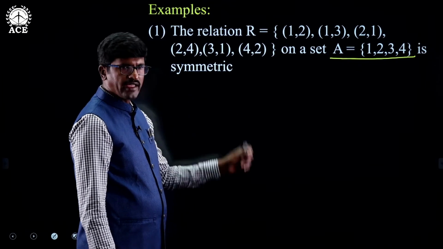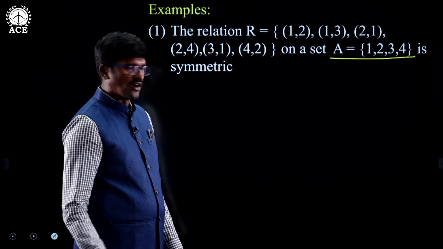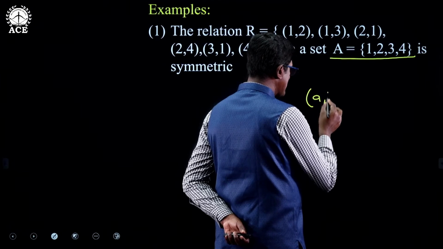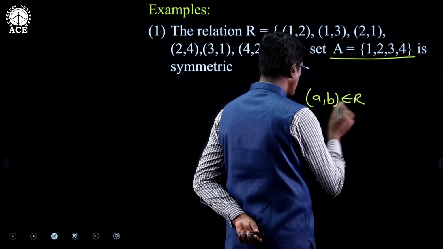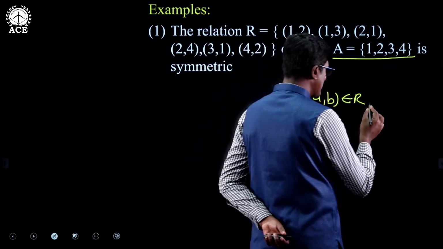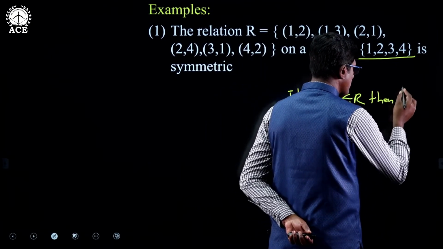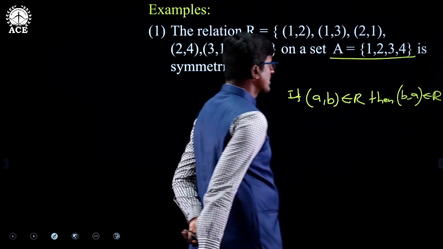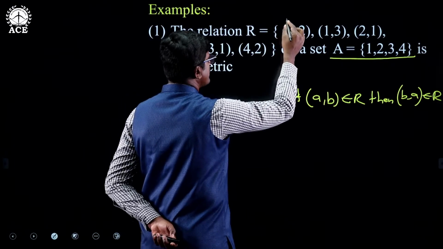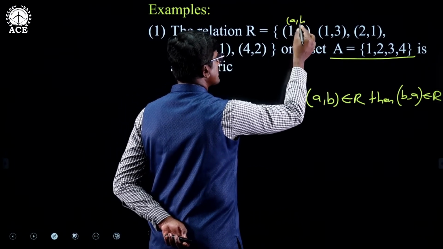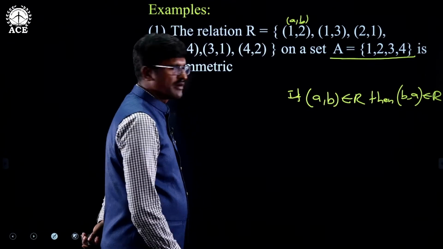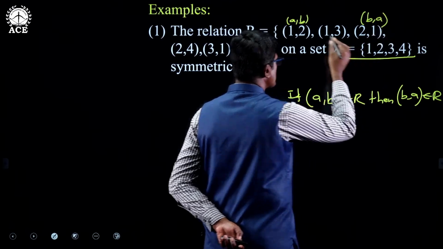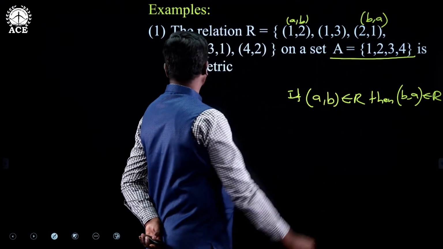Now I am going to verify whether this is a symmetric relation or not. The property for a symmetric relation is: if (A, B) belongs to R, then (B, A) belongs to R. Now if you observe, (1, 2) is of the form (A, B), and there is (B, A): (1, 2) is there, (2, 1) is there.